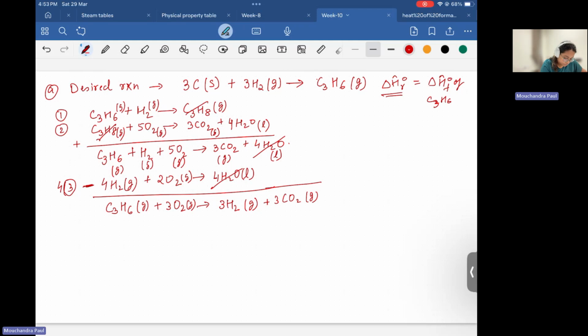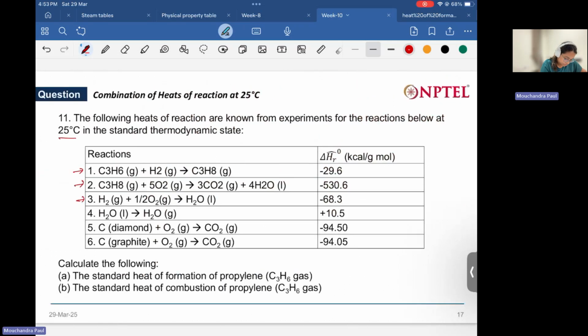What are the terms that we don't need? This one and this one. Let's find an expression with O2 and CO2 in it. Both of these expressions have O2 and CO2. The difference is that in the first expression the carbon is in diamond state, and in the other expression the carbon is in graphite state. Okay.